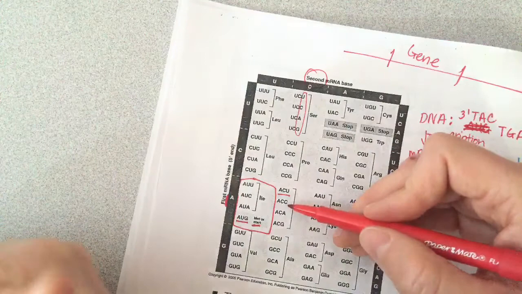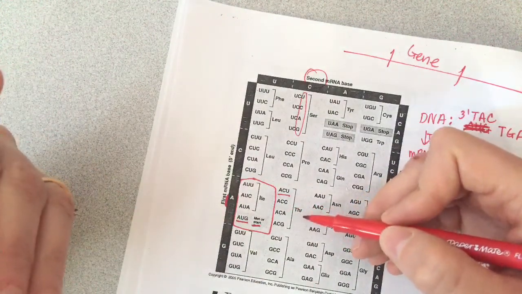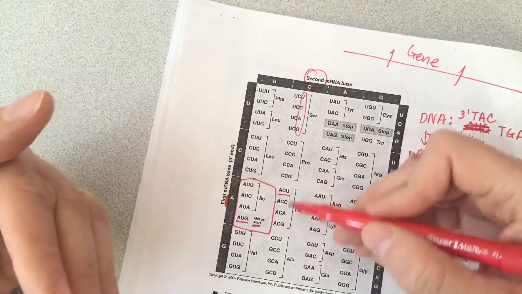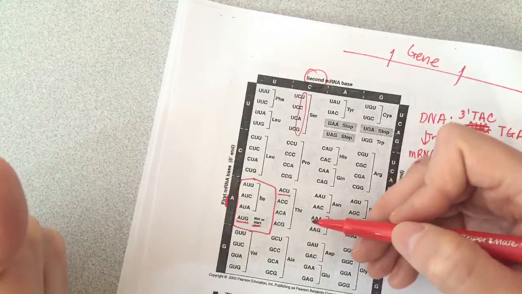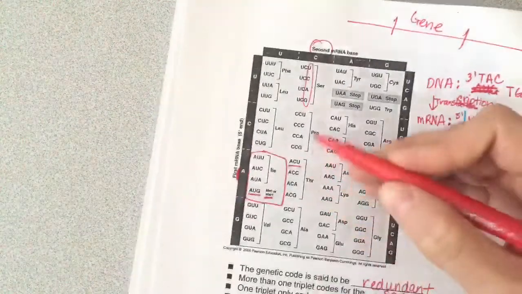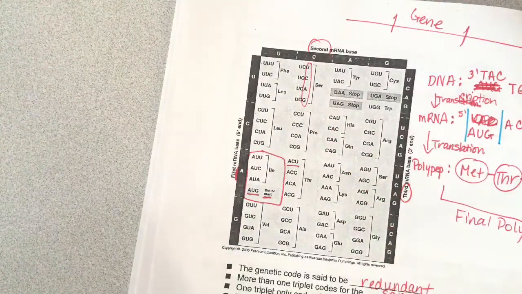That third base doesn't seem to play that much of a role in the amino acid that it codes for. All right, and so therefore that can change and doesn't change the amino acid in most cases. All right, not in all cases, but in most cases. So that's how we get multiple codons coding for the same amino acid.